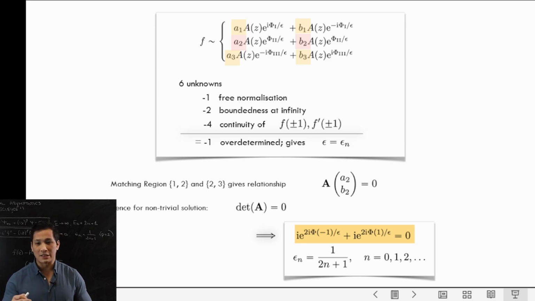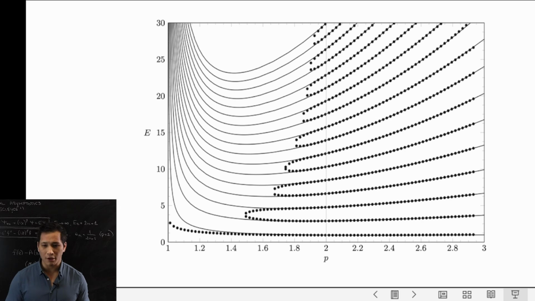Okay, so you see that this is nothing more complicated than just writing down separate WKB solutions, or these exponential solutions, in each of these 3 regions, matching everything together, and then emerging with some kind of selection. So sometimes they refer to this as a selection mechanism or some kind of solvability condition, which gives you these epsilon n values.